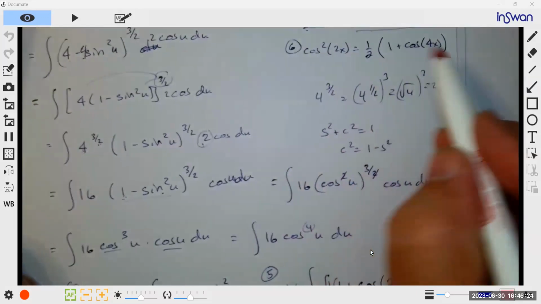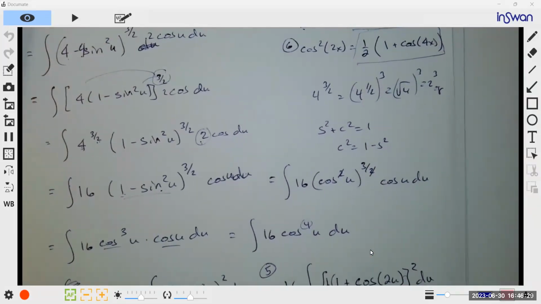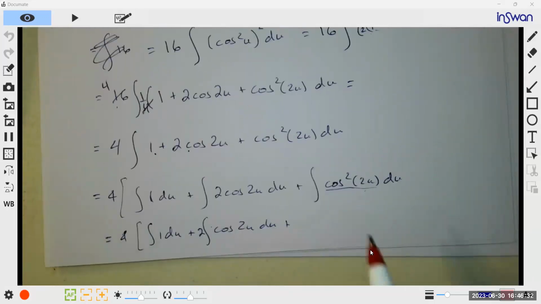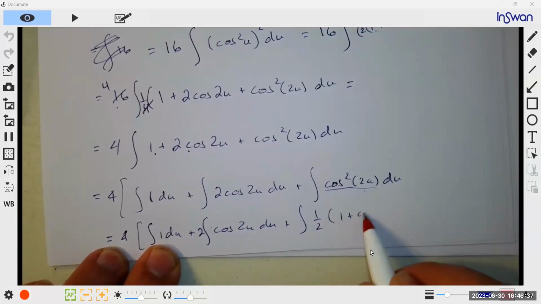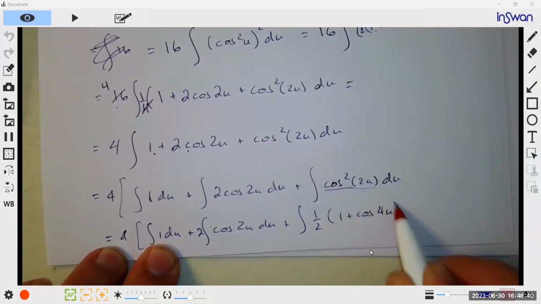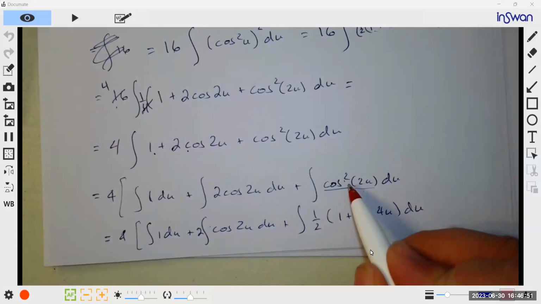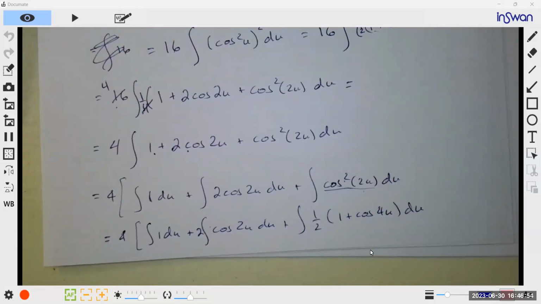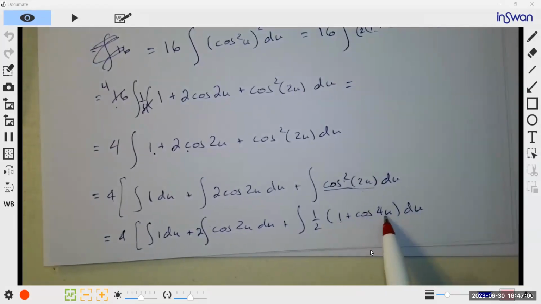I can use rule 6 and rewrite it as 1/2 times 1 plus cosine 4u du. All right. We're okay.